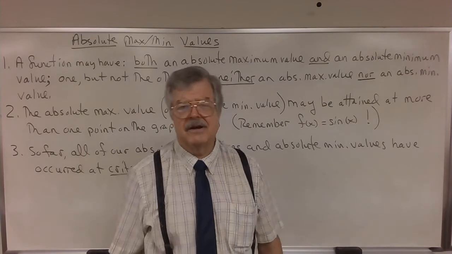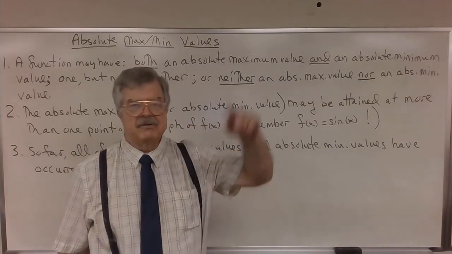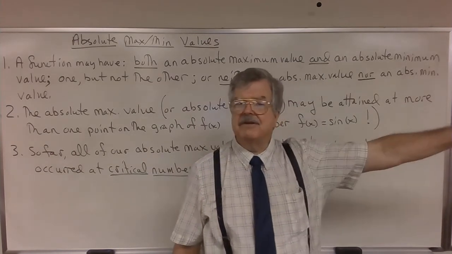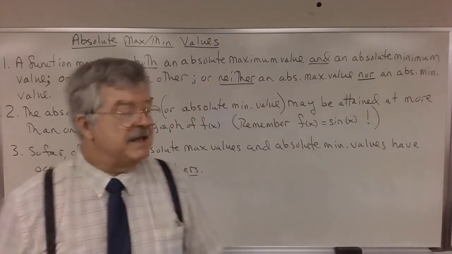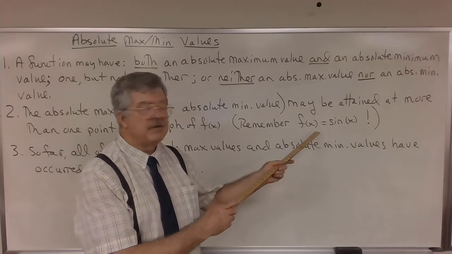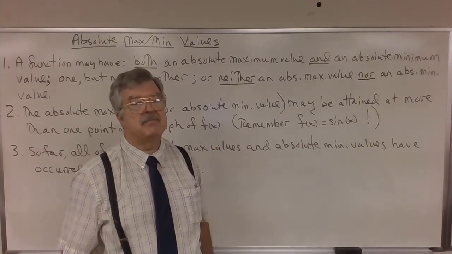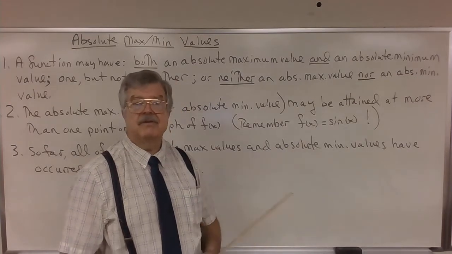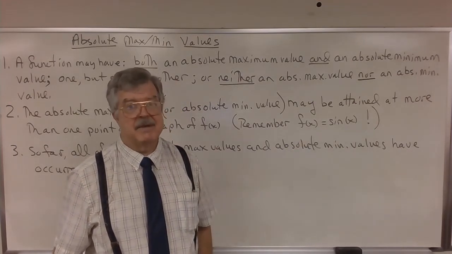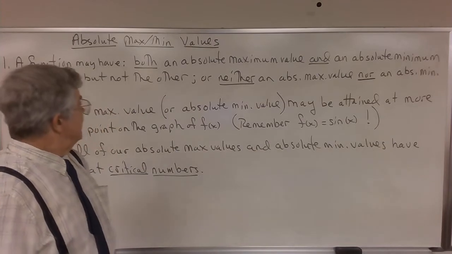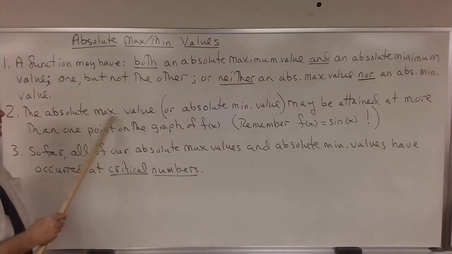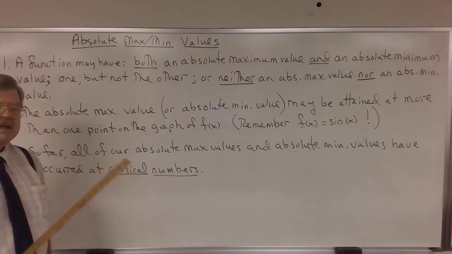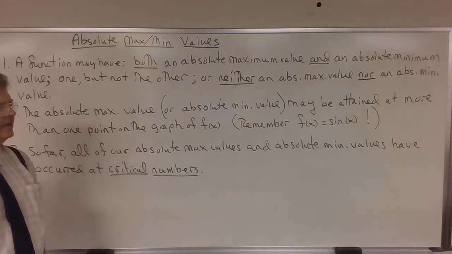And what does that function do? It keeps bouncing back and forth between -1 and +1 off into the sunset. It attains the absolute maximum value of 1 at infinitely many points on the graph. It attains the absolute minimum value of -1 at infinitely many points on the graph. So the absolute maximum value or absolute minimum value may be attained at more than one point on the graph.